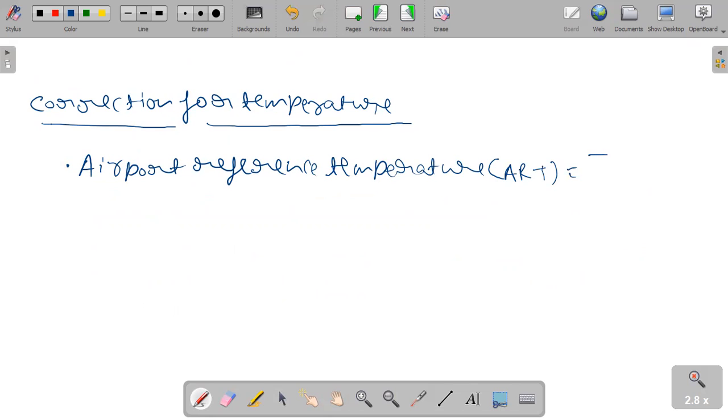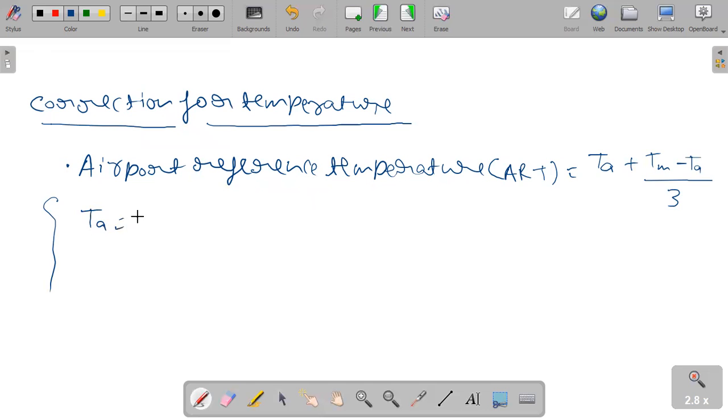We have a formula for this: ART = TA + (TM - TA)/3, where TA is the monthly mean of average daily temperature.